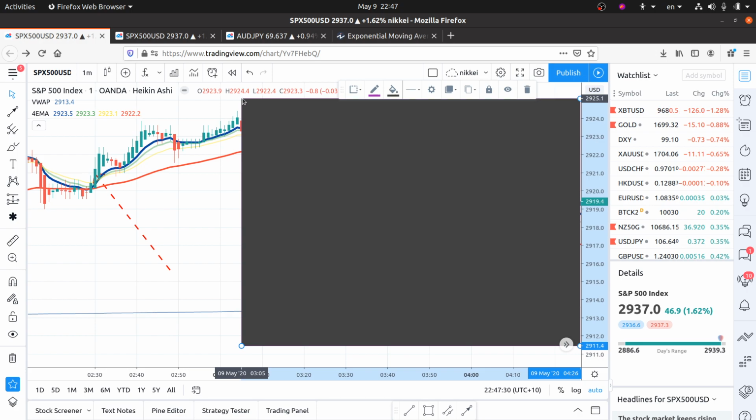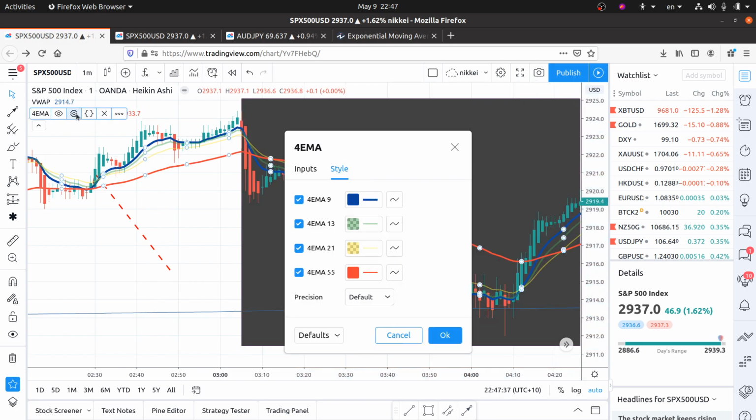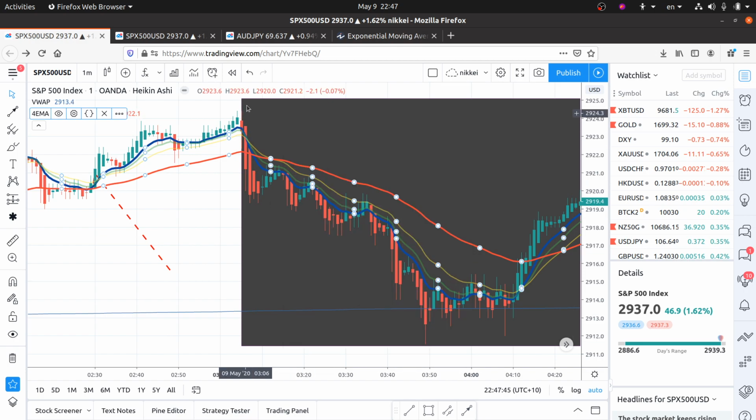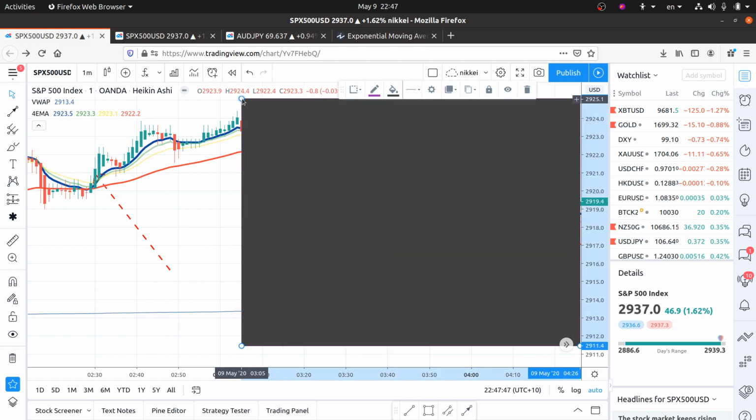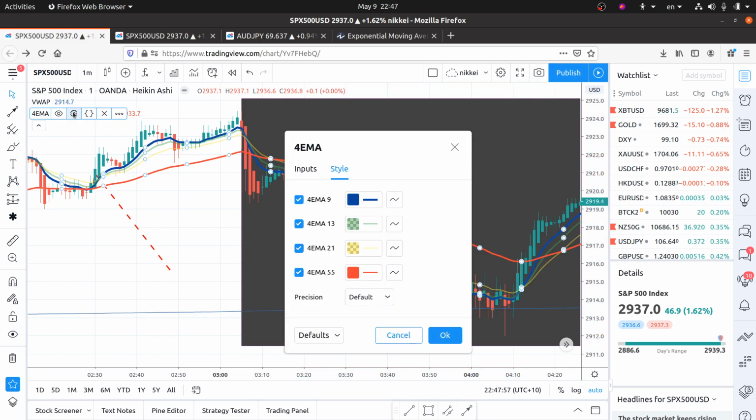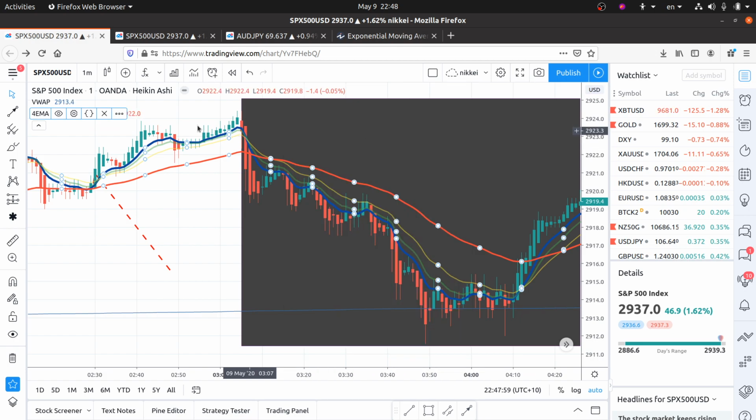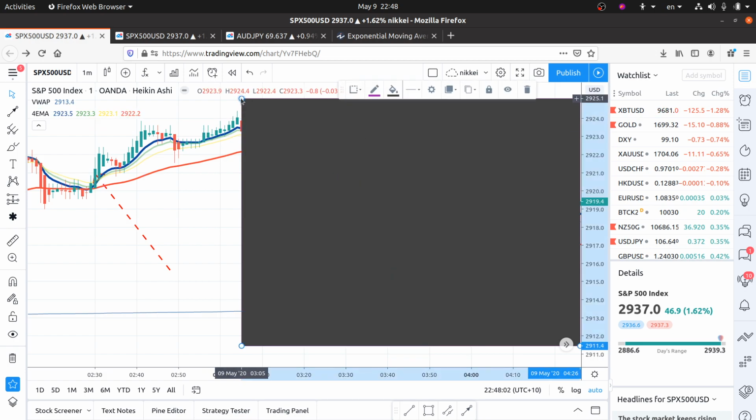we start to see the blue line. Generally when you have blue, green, yellow, red, that is the 9, 13, 21 and 55 exponential moving averages. When the blue line, the 9-day average, starts to cross the 13 and the 21, that's generally an indication that something is going to happen.